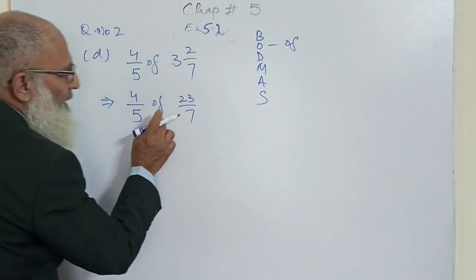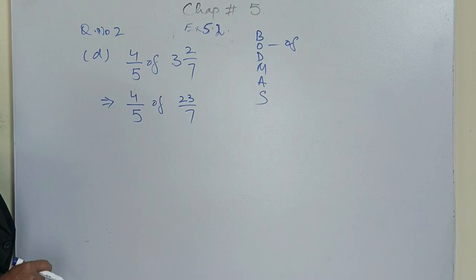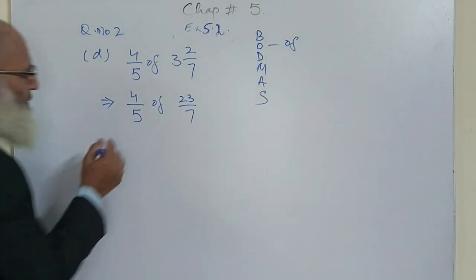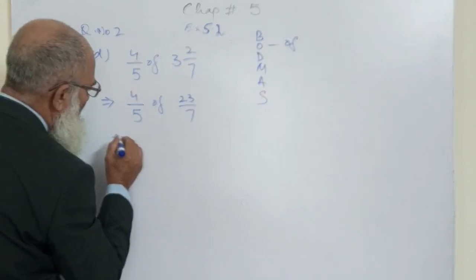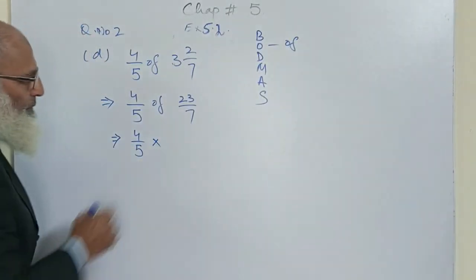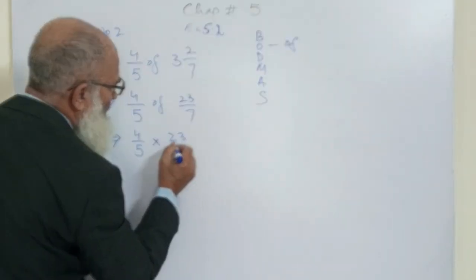Now this "of" is in fact multiplication. So what will we do? 4 upon 5 multiplied by 23 upon 7.